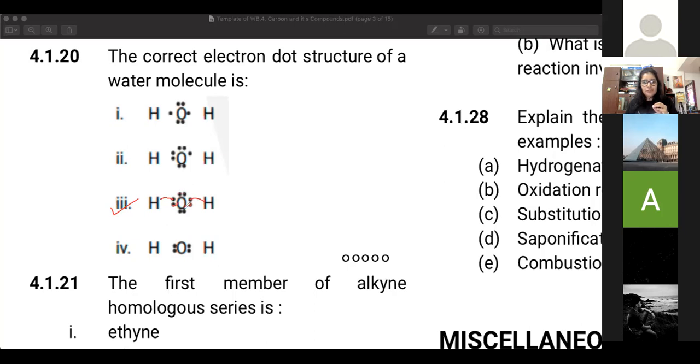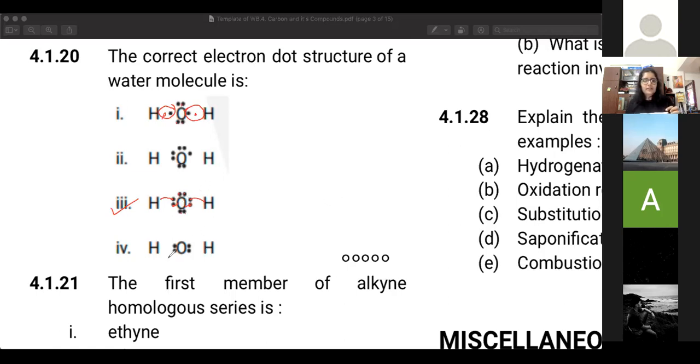Oxygen has 1, 2, 3, 4, and 1 each it's sharing, 5, 6, with this, which is not clearly shown. Another way you can figure it out is, here there's only 1 electron, right? Electrons are always shared in pairs. So oxygen has 6 electrons, but where is the hydrogen's? There should be another one here which is missing. So if you look at option 3, it's there.